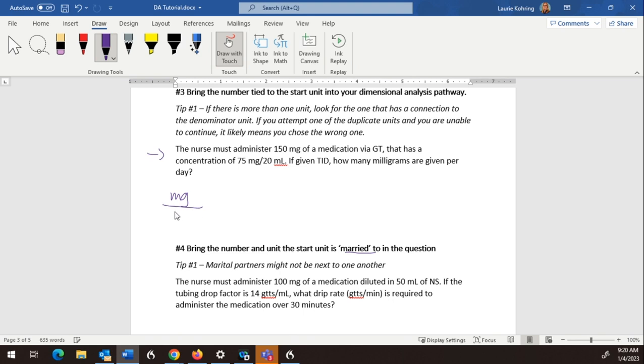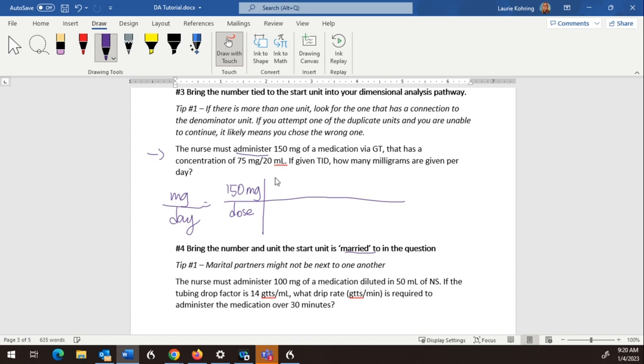We already distinguished from the previous problem, which is the same as this one, that we need to take that 150 milligrams. But we need to determine what baggage it has in the question. So what is it coming with? What is it married to in the question? So 150 milligrams of medication is going to be given via G-tube, has this concentration. So I do see this, remember this code word administer, so this is per dose.